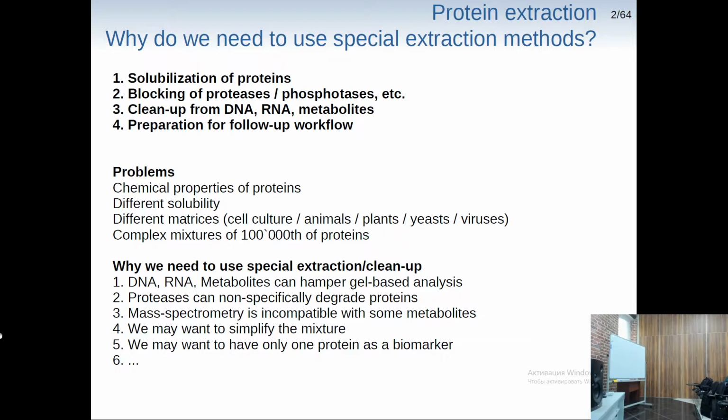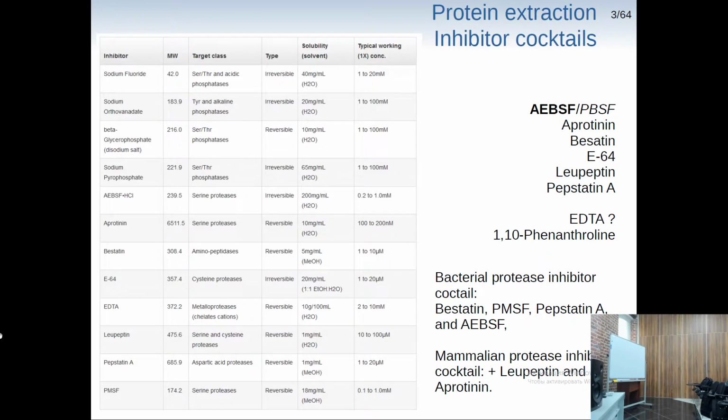Let's see what we will use in such a protocol of extracting proteins. First of all, let's talk about some protease inhibitors. There are a lot of different proteases, and we can't have just one inhibitor which inhibits them all.